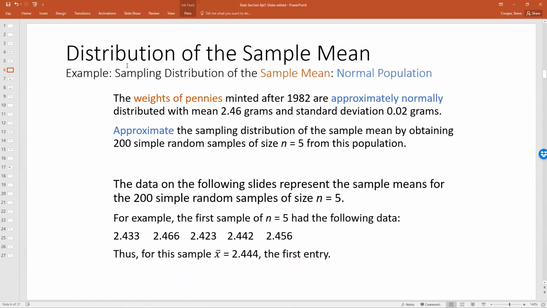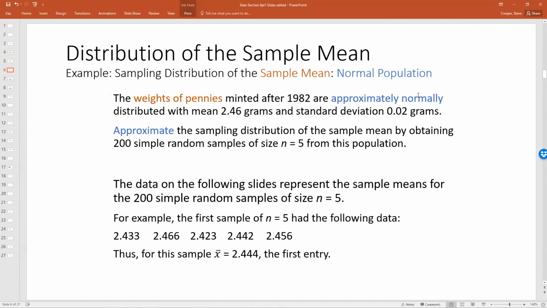So let's look at an example here. We happen to have a normal population to begin with. The normal population is the weights of pennies minted after 1982.